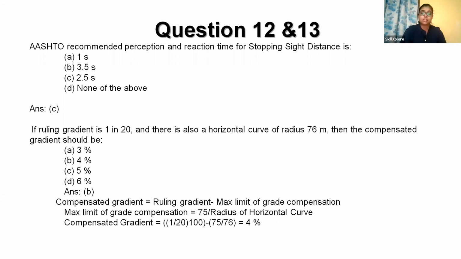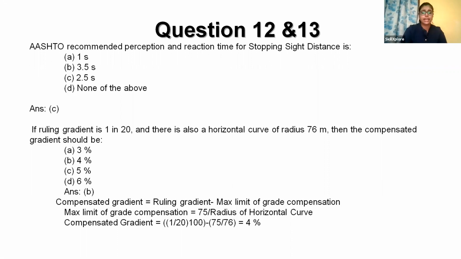And what is the maximum limit of grade compensation? You have to know another formula, that is 75 divided by radius of the horizontal curve. Okay, so first find out 75 divided by radius of the horizontal curve. Here they have given the radius as 76 meters. So the maximum limit of grade compensation is 75 divided by 76.